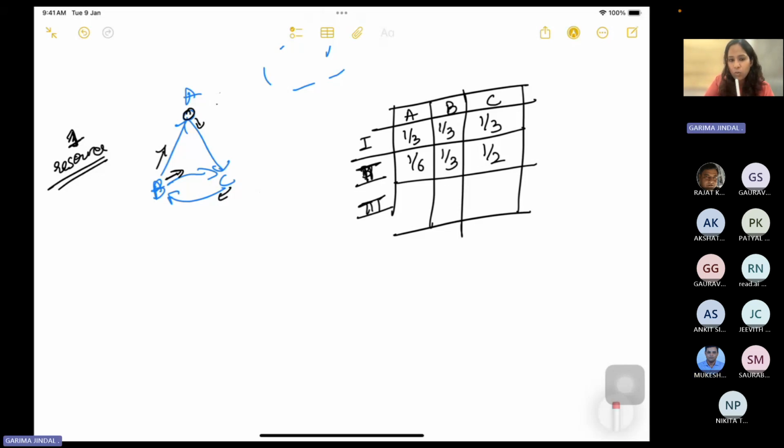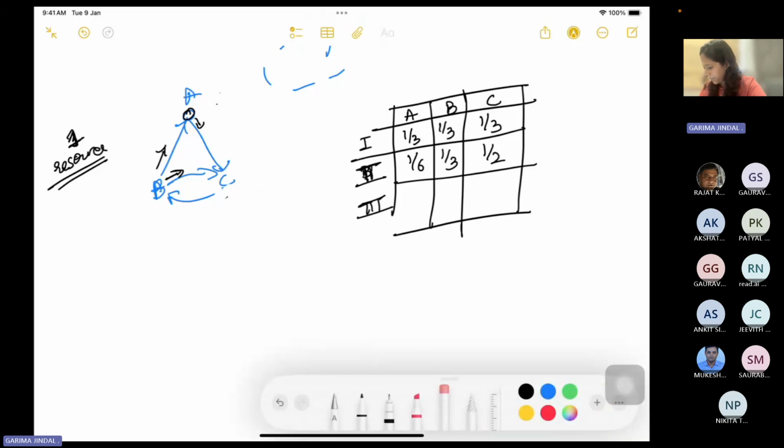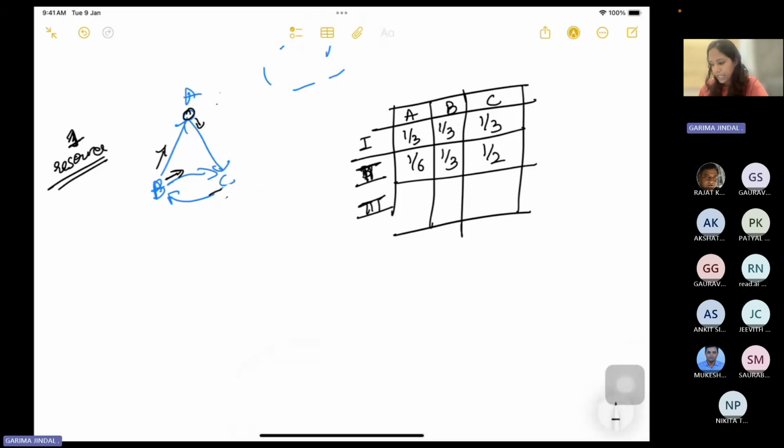C has given its score 1/3 to B. C initially had 1/3, so it gave it to B. B had initially 1/3, so it has divided its resource to both A and C. So it will give 1/6, 1/6. And then A will give its resource to C, that is 1/3.